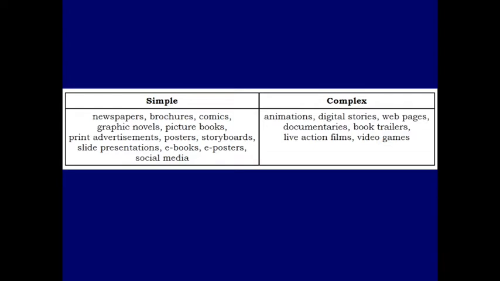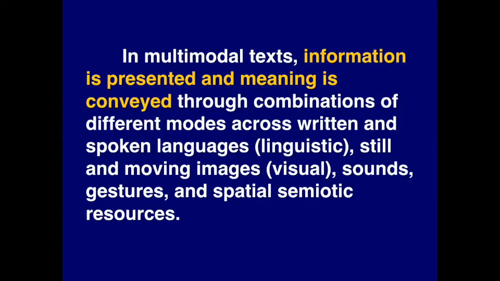Complex, we have animations, digital stories, web pages, documentaries, book trailers, live action films, and video games. In multimodal texts, information is presented and meaning is conveyed through combinations of different modes across written and spoken languages, linguistic, still and moving images, visual, sounds, gestures, and spatial semiotic resources.